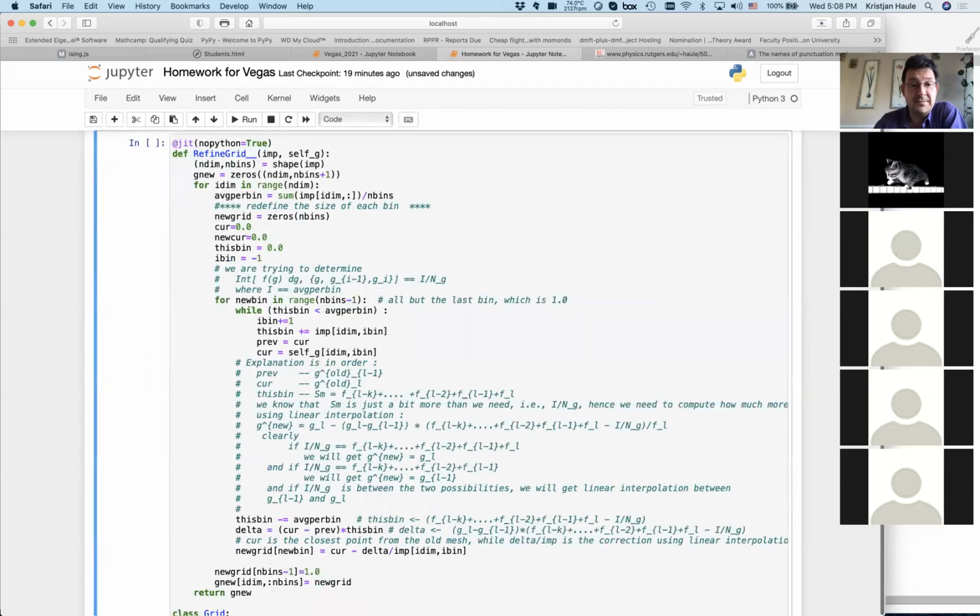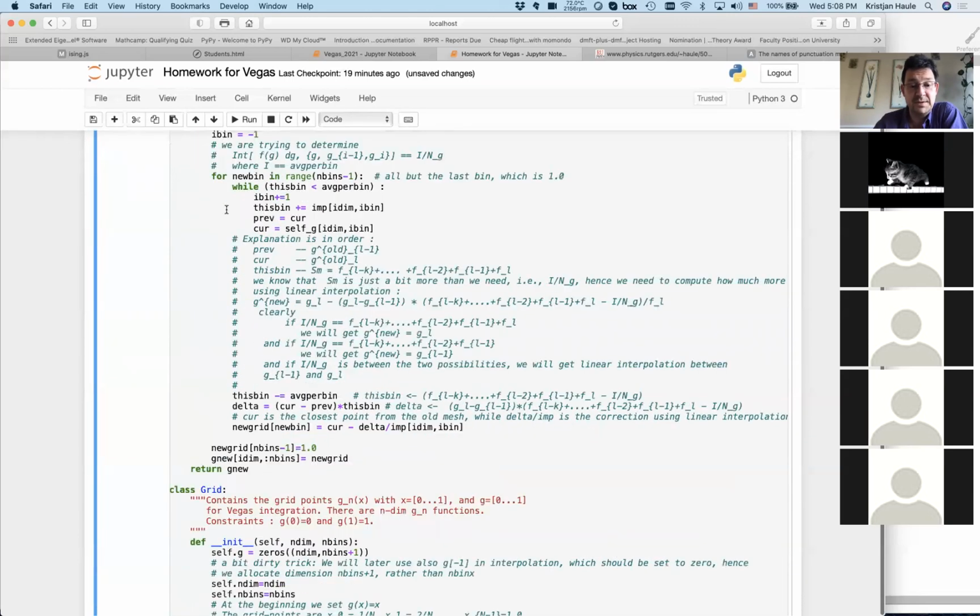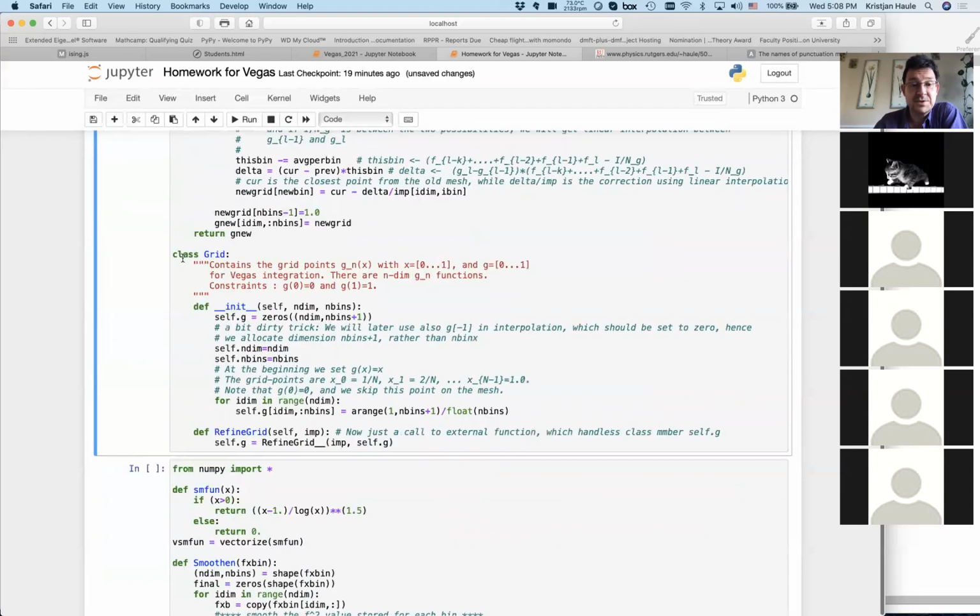So then we said that the important part of the homework is how to refine the grid. My solution is the following. I take the grid class exactly as it was, but then I would need to speed up a member function, refine grid. It turns out that speeding up a member function with Numba is not straightforward, because you would need to basically change the entire class into a Numba class.